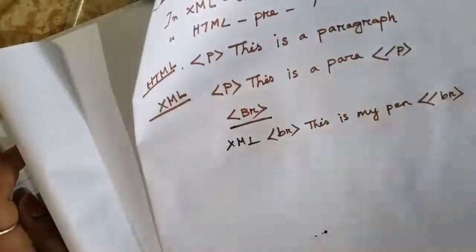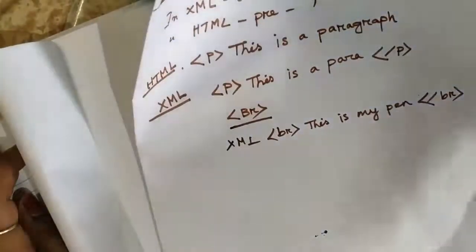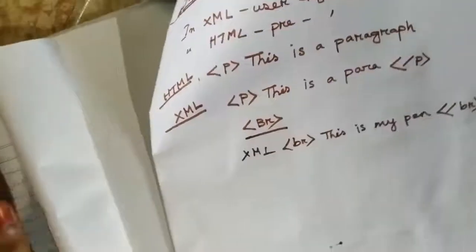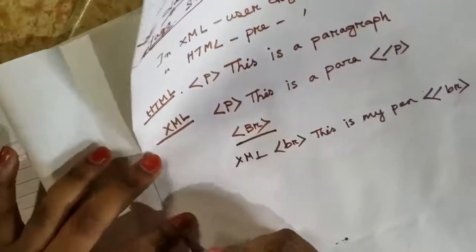Then let us discuss another difference: attribute value.